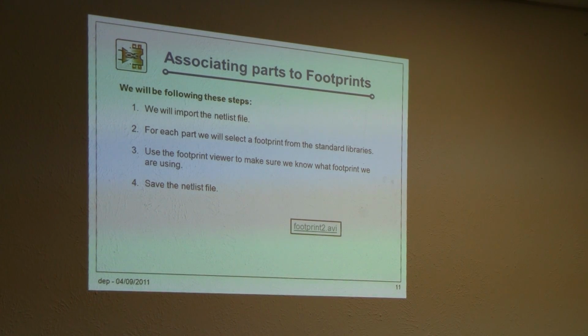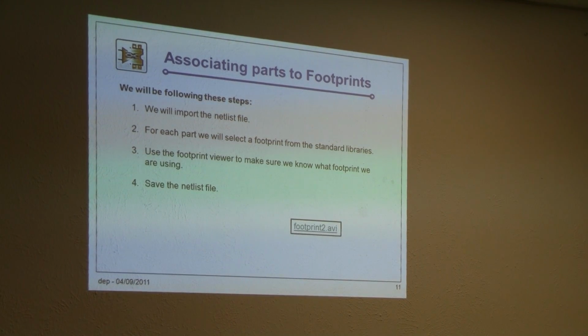I didn't put that there, but that's really true. As long as you're staying in the same project, when you associate the footprints in this part of the program, you don't really have to bring in the Netlist. It'll be brought in for you automatically. But if you've been wandering around in your directories and everything, you might have to actually go back and bring in the Netlist. All right. So we're going to do that.